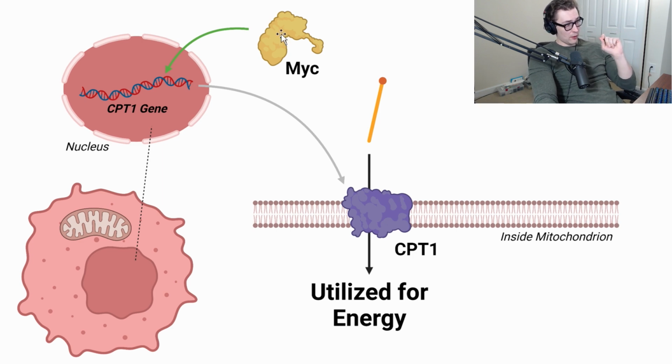Now, interestingly, and we'll discuss these kinds of mechanisms in the next episode, if you were to inhibit CPT1, what's interesting is that suddenly these cancers suffer substantially. Or if you were to eliminate MYC, suddenly these cancers start to die off. So not only is this an advantage, it's also a disadvantage.